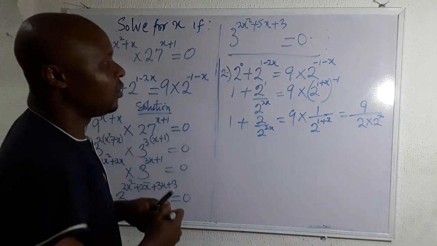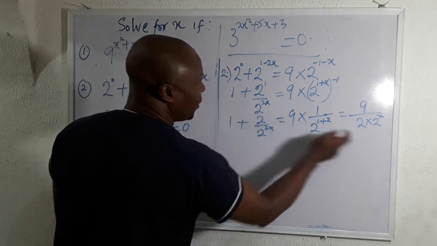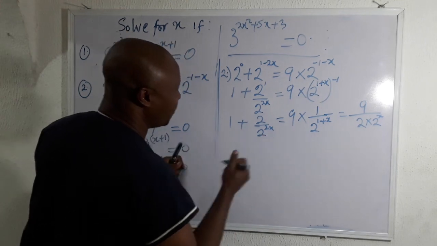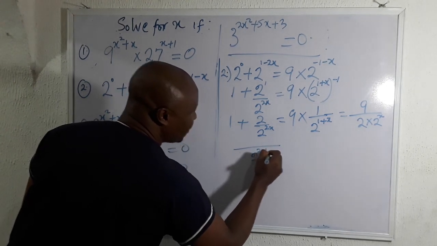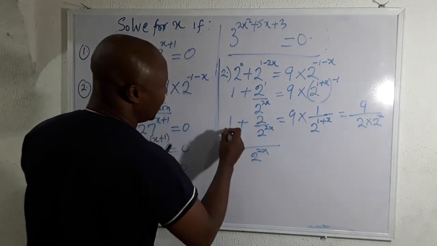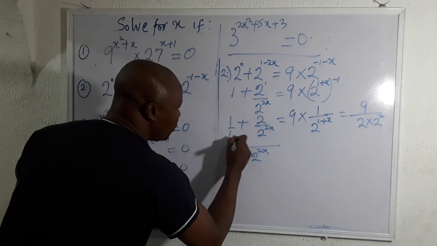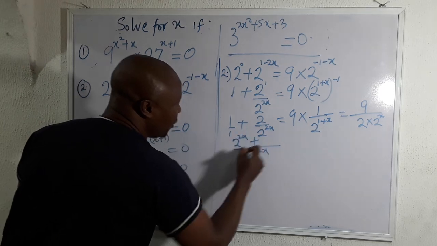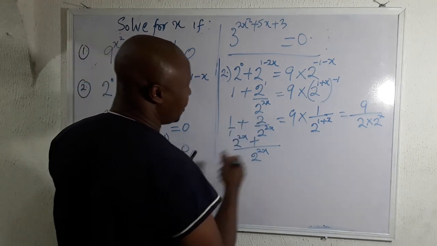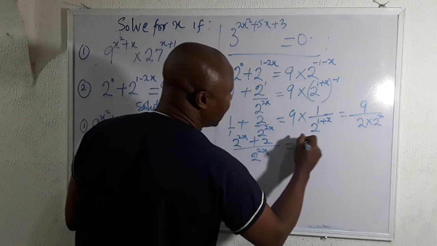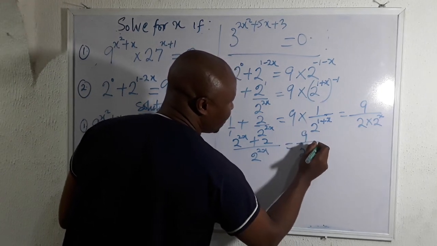Now we can cross multiply, but let us simplify this part first. The LCM is 2 raised to the power 2x. 1 times 2 raised to the power 2x is 2 raised to the power 2x, plus 2 raised to the power 2x times 2 over 2 raised to the power 2x is 2, equal to 9 over 2 times 2 raised to the power 2x.